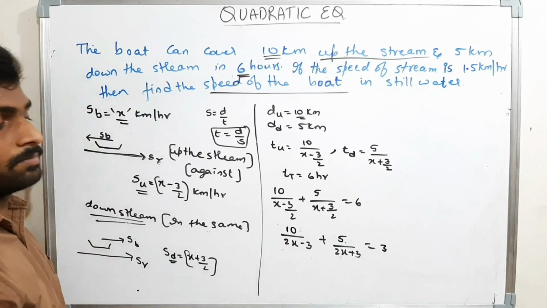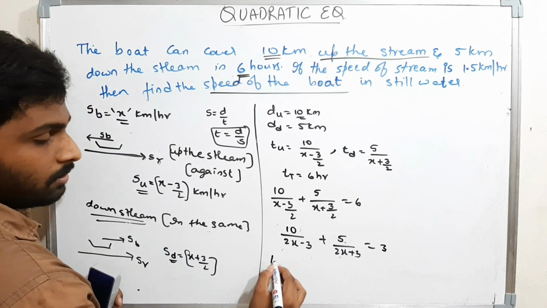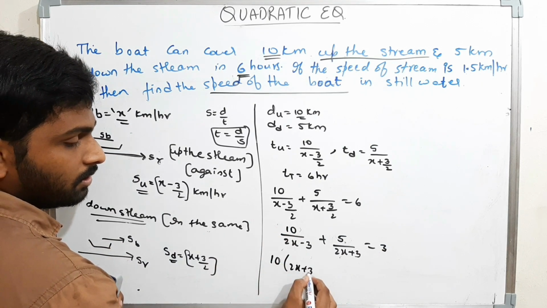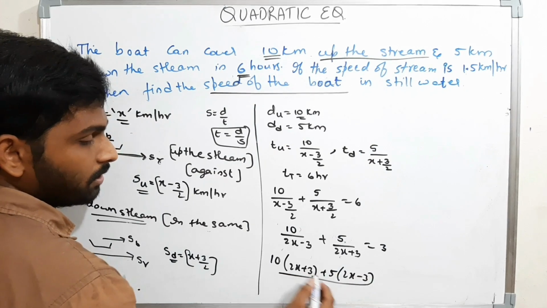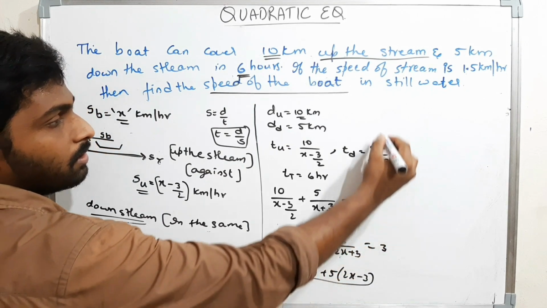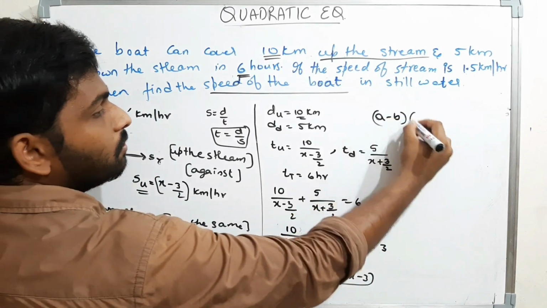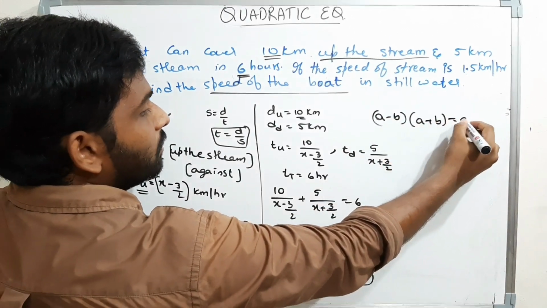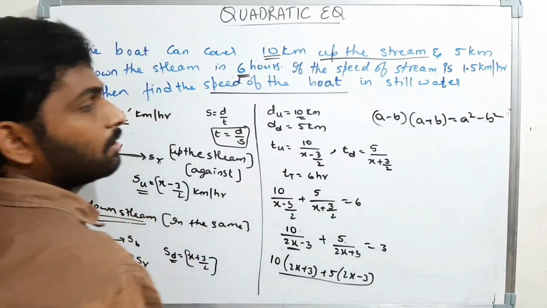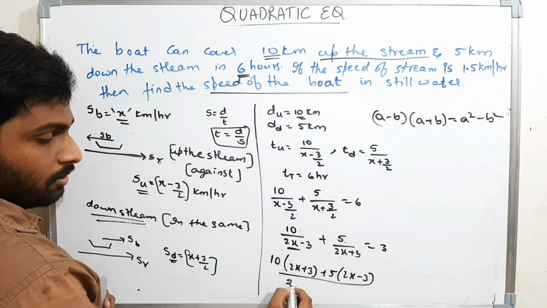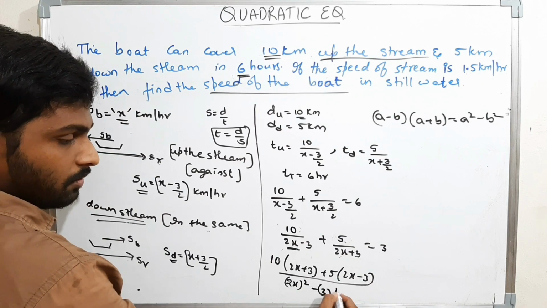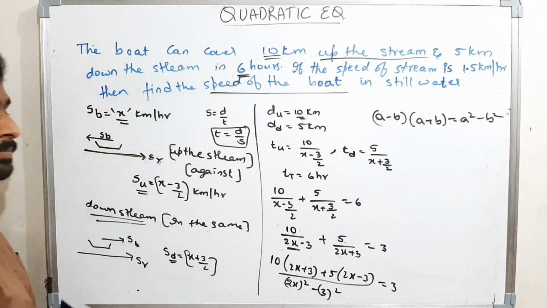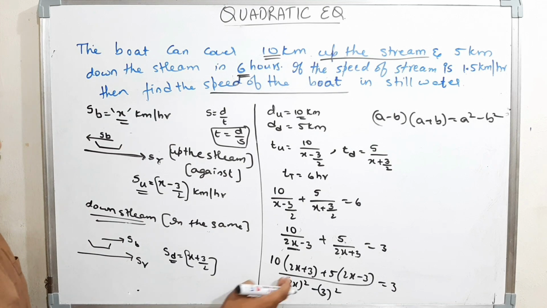Now take the LCM: 10 into 2x plus 3 plus 5 into 2x minus 3, which is in the form of a minus b into a plus b, which is nothing but a square minus b square. Use that formula. What will you get? 2x whole square minus 3 whole square is equal to 3. Now I think till here it is clear.